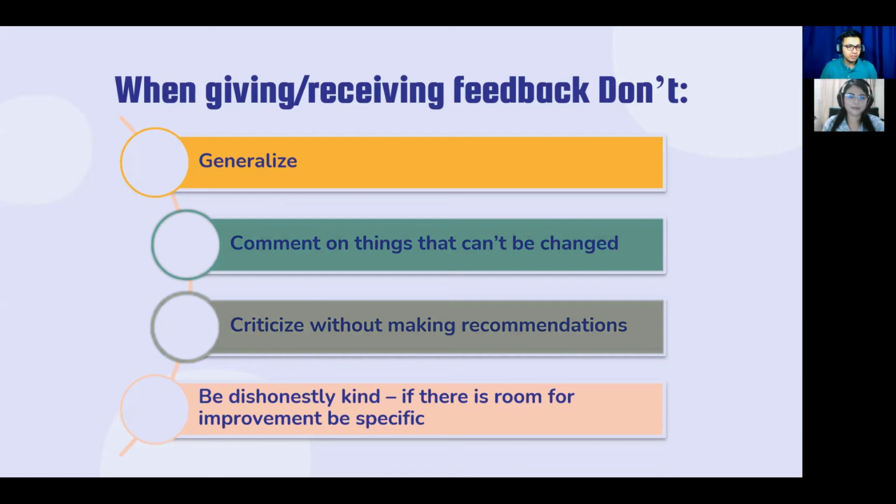The second don't is don't comment on things that can't be changed. Is it possible, Helen, that there are some things that can't be changed? Yes, there are many factors that can affect or hinder the learning, but there are things that you don't have in your hands. One of the examples is the weather, right? If it's rainy and you have the noise, maybe that can hinder students' learning, but that isn't something that you can control, right?